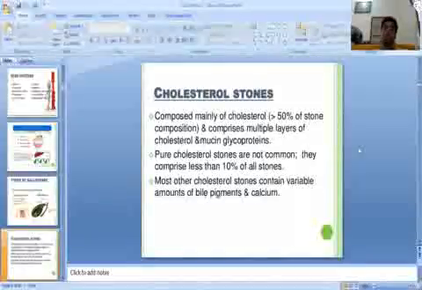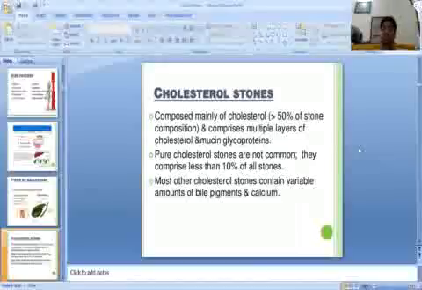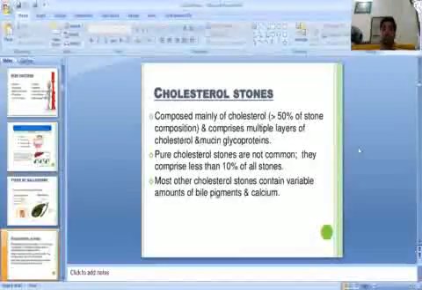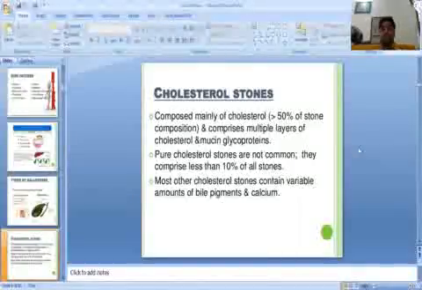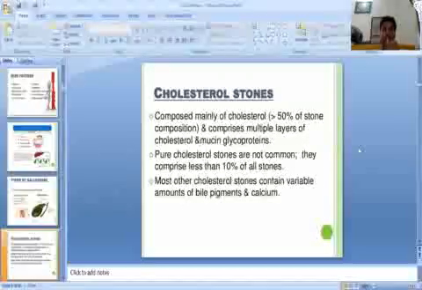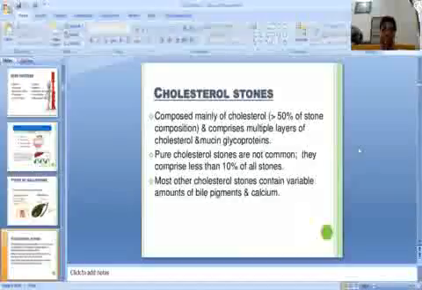Cholesterol stones are composed mainly of cholesterol and comprise multiple layers of cholesterol and mucin glycoproteins. Pure cholesterol stones are not common; they comprise less than 10% of all stones. Most other cholesterol stones contain variable amounts of bile pigments and calcium.